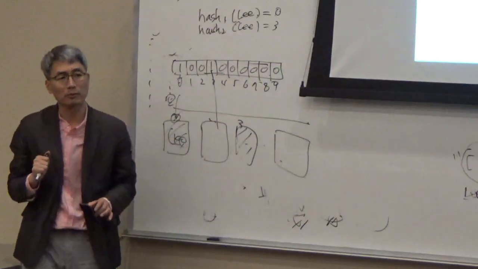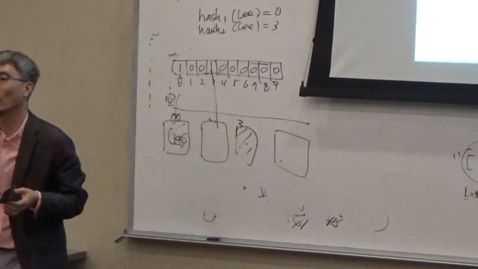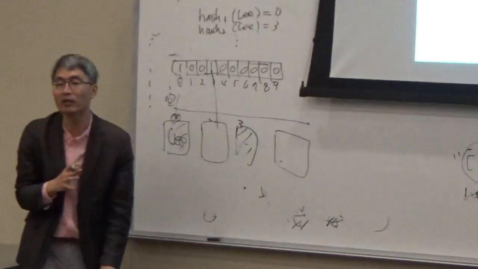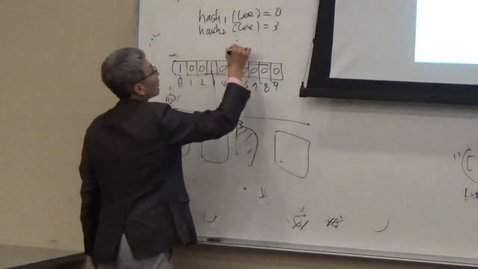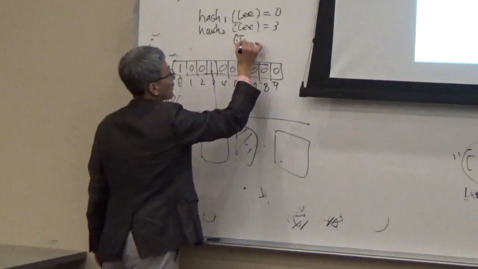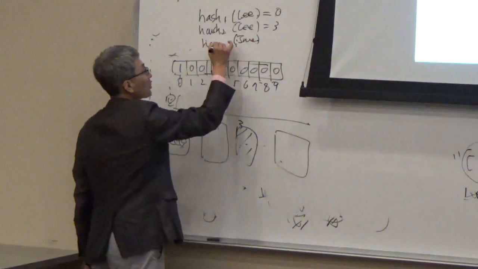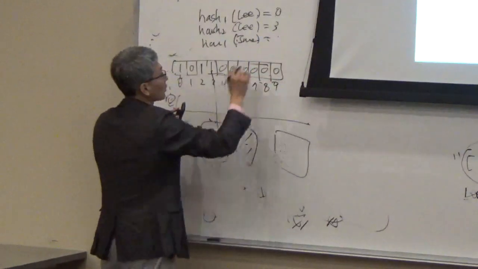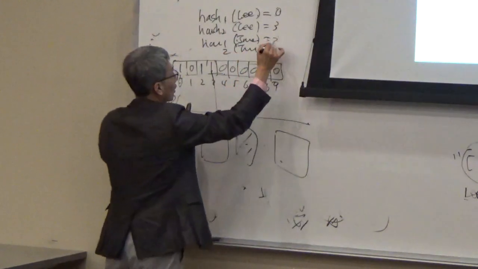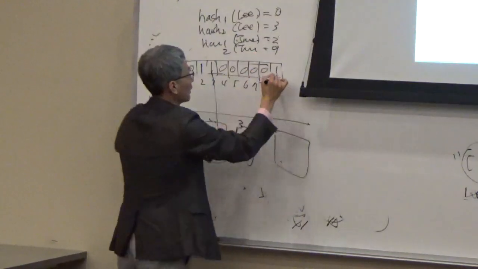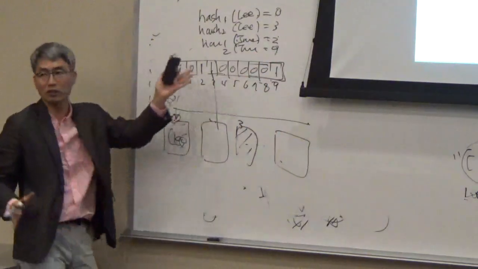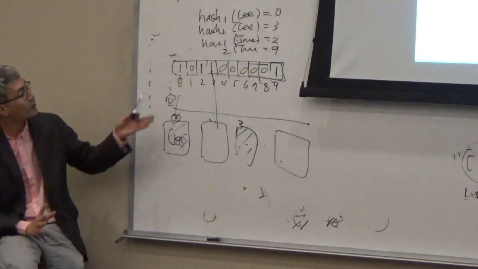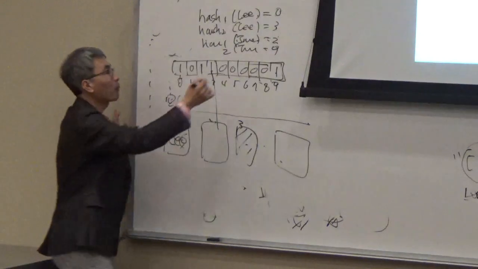The problem is we are not going to insert only one Lee. We may have a number of elements, a number of data. Like we have James. James hash 1 is 2, and James hash 2 is 9. So we have such a bit vector. Then when we search the data, we apply the input.